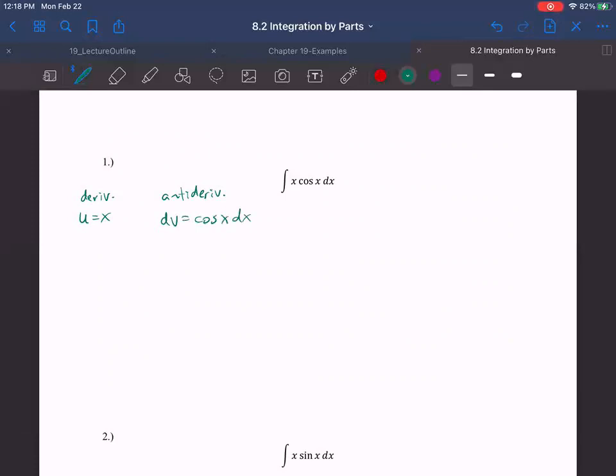The derivative of u is just du equals dx. The antiderivative or integral of cosine is sine. So v equals sine x, right? We took the integral of both sides like that.